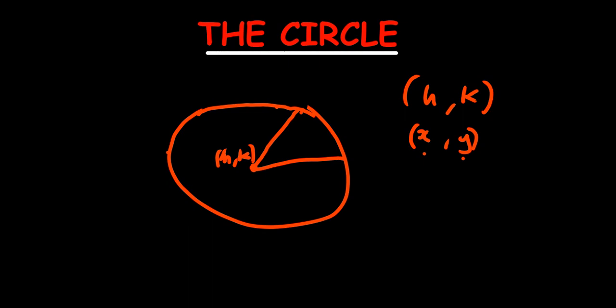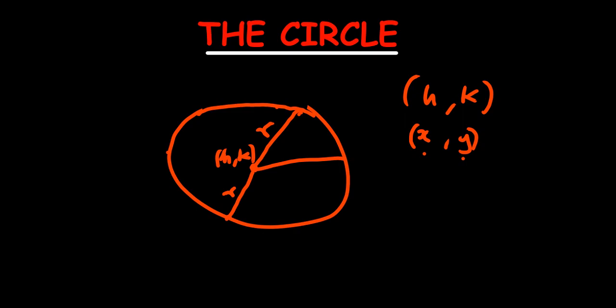If this is our center, then the distance from the center to any point on the circumference will be r, which is our radius. When we move from the center to any point on the circumference, the distance moved is my radius. I think we all know that.